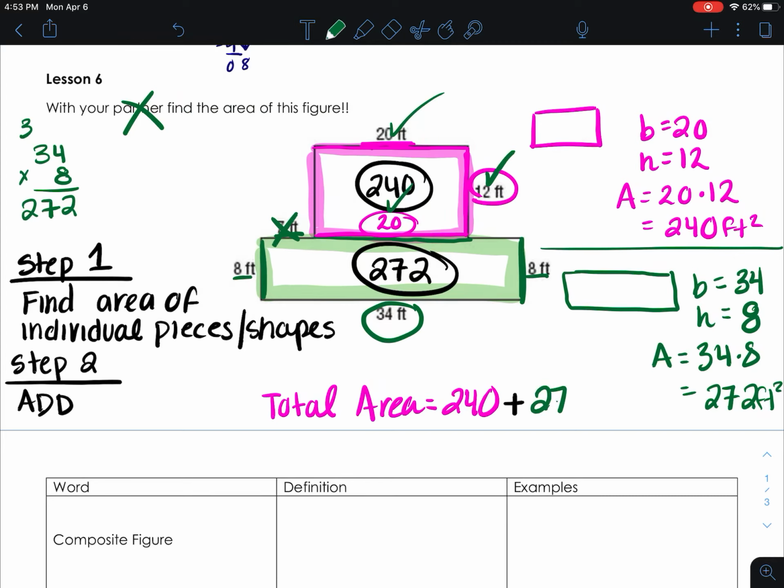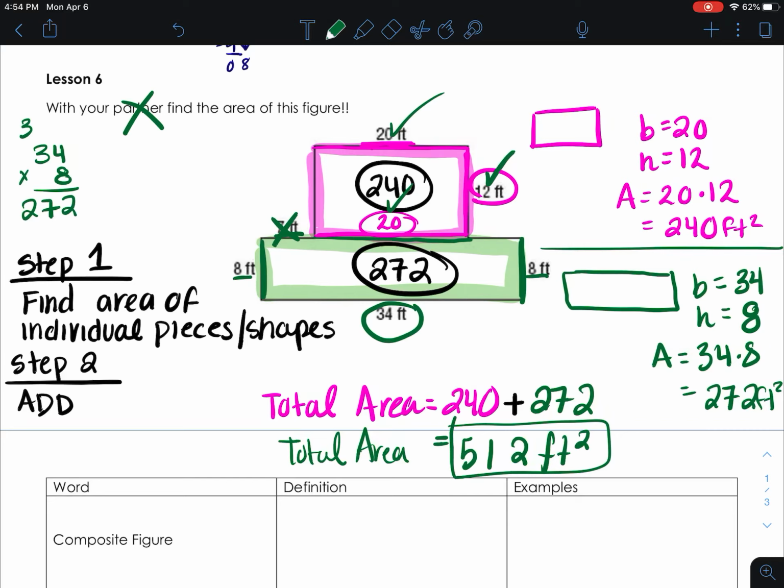That's 272. When I add those up, I should get 512. So my total area should be 512 square feet.